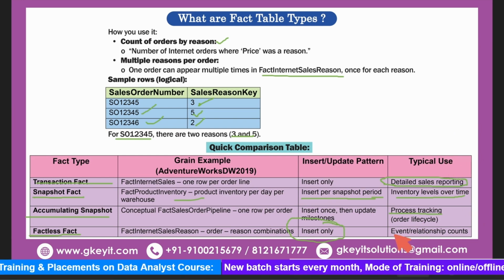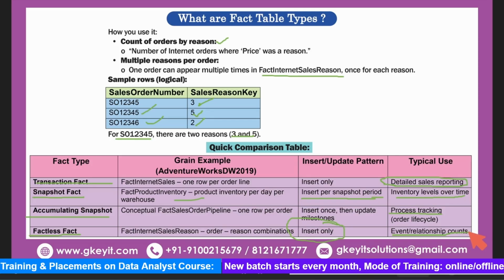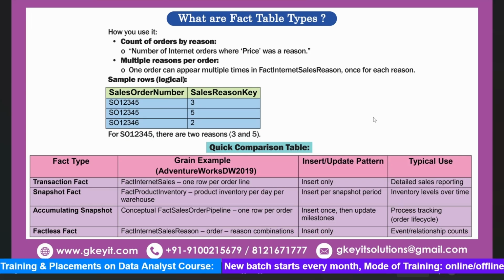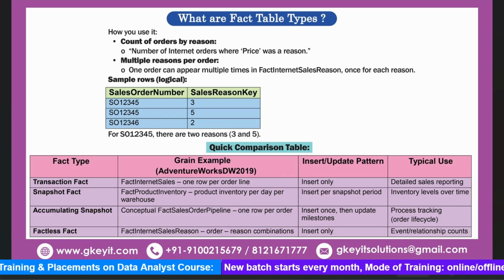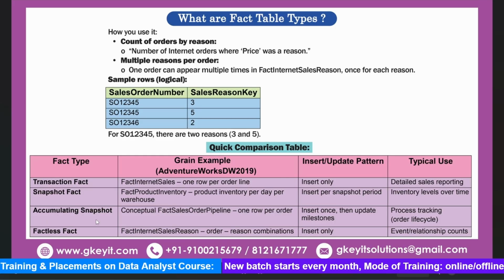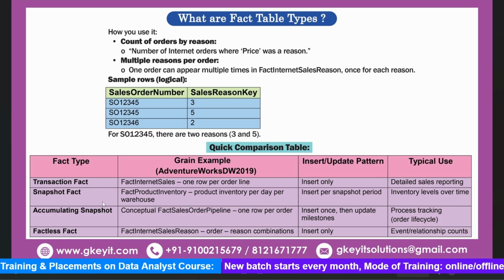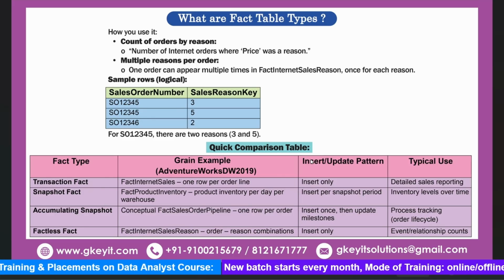Typical use is if you have any events and relationship counts, we can track them using a factless fact. I think you got some idea about the different fact tables: transaction fact, snapshot fact, accumulative snapshot fact, and factless fact tables. These are the 4 different types of fact tables available in dimensional modeling in data warehousing systems.